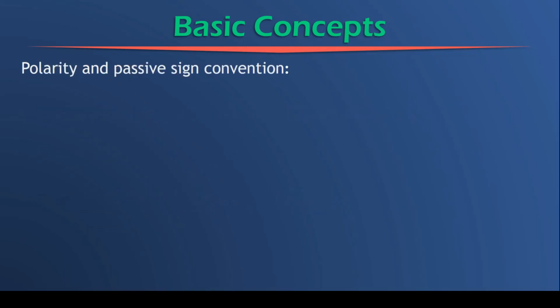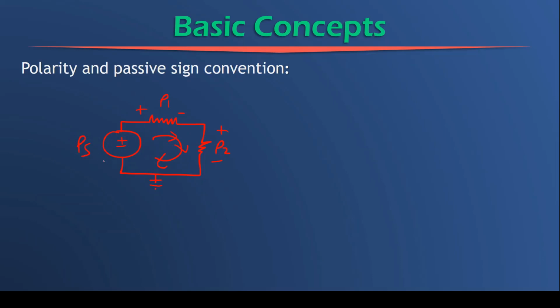When considering polarity and passive sign convention, it's then important to note that the previous discussion of polarity, which says that current will flow from the positive of the source around the circuit to the negative, will result in P1 and P2 that is absorbed by the resistors R1 and R2, and PS is the power that will be provided by the source.